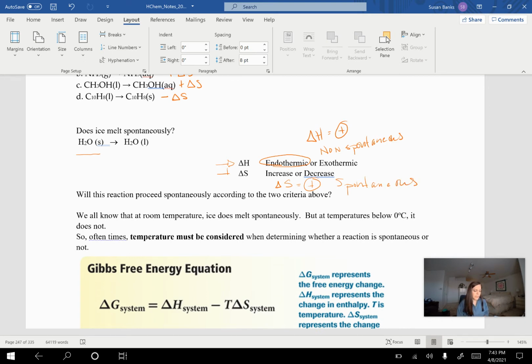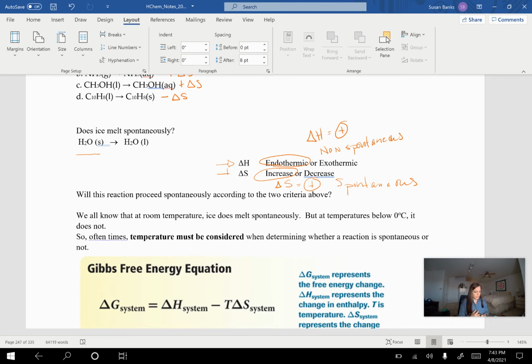Okay, so the question then becomes, which one rules out? One of those processes is spontaneous and the other process is not. So which takes over? Doesn't it depend on the temperature?